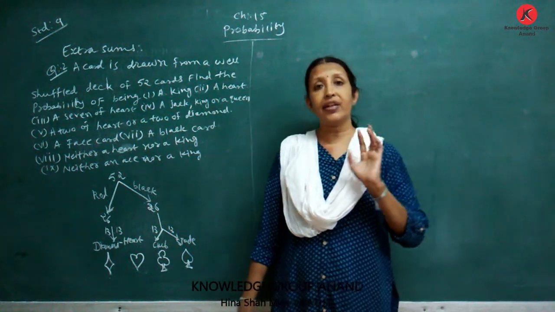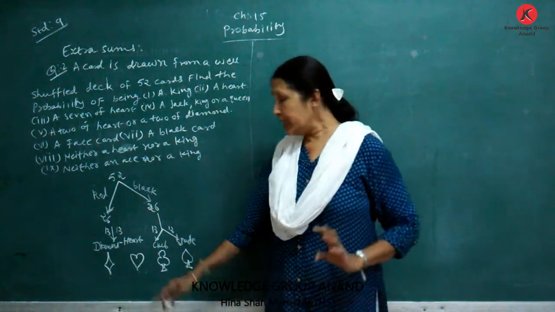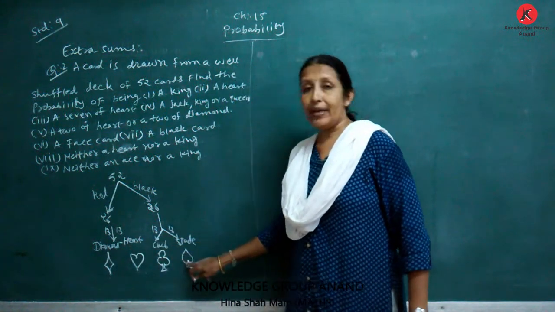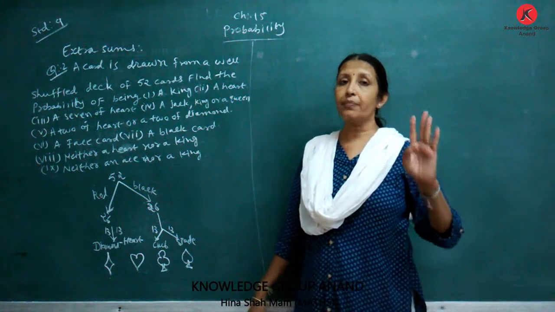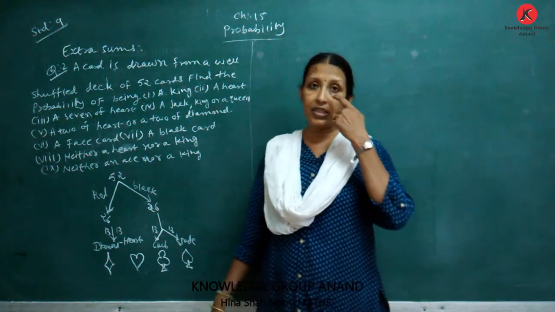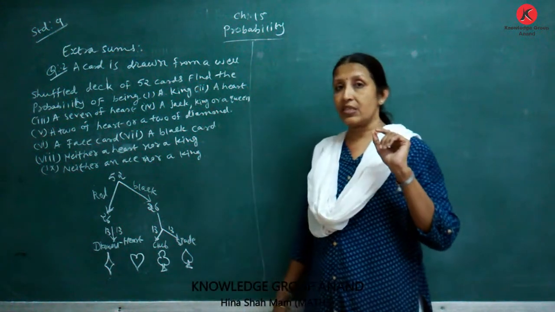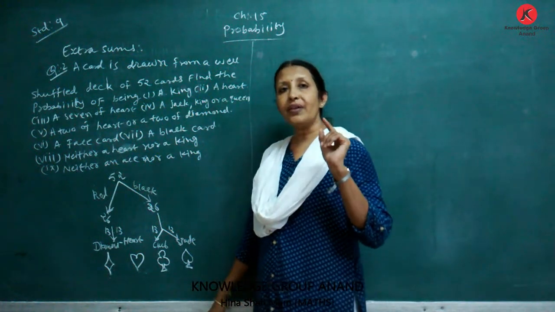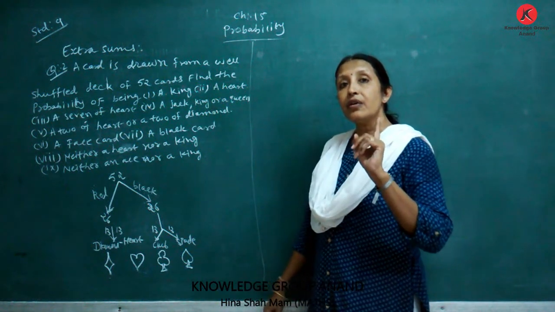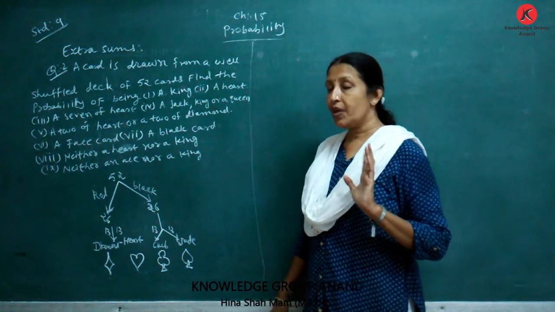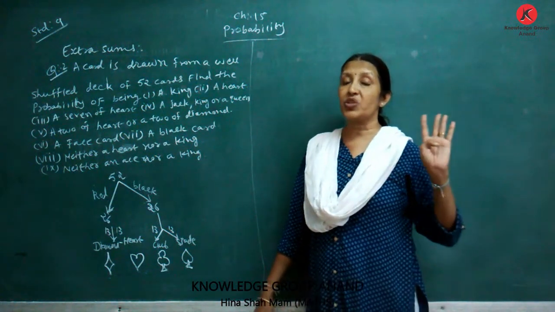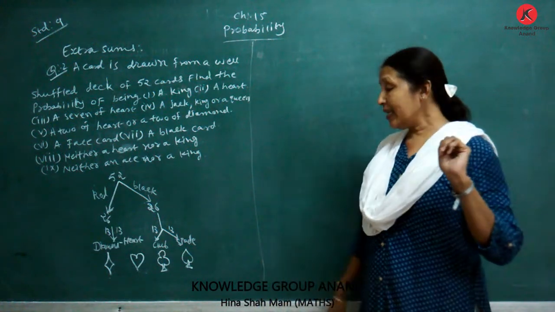Jack, king and queen are picture cards in all flavors. 1 means ace. 4 kings, 4 queens, 4 jacks. Therefore 12 picture cards.